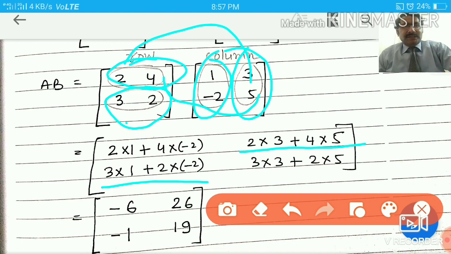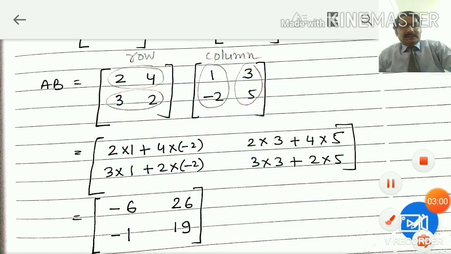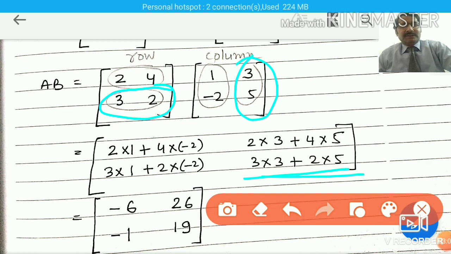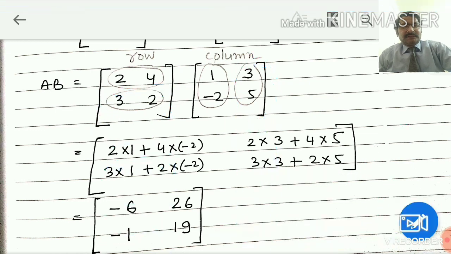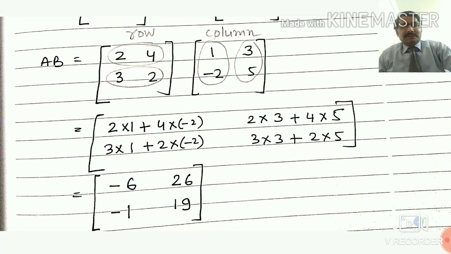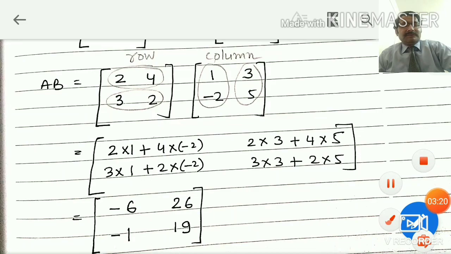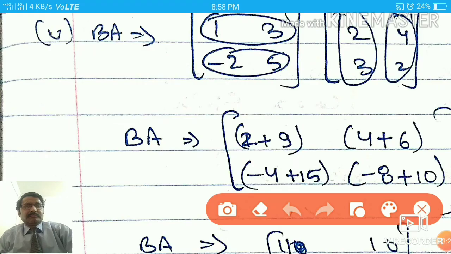Then 3 and 2 you multiply by the second column, 3 and 5: 3 into 3 and 2 into 5. Next you solve these. So what do we get? Minus 6, 26, minus 1 and 19. This is the way we do the multiplication.